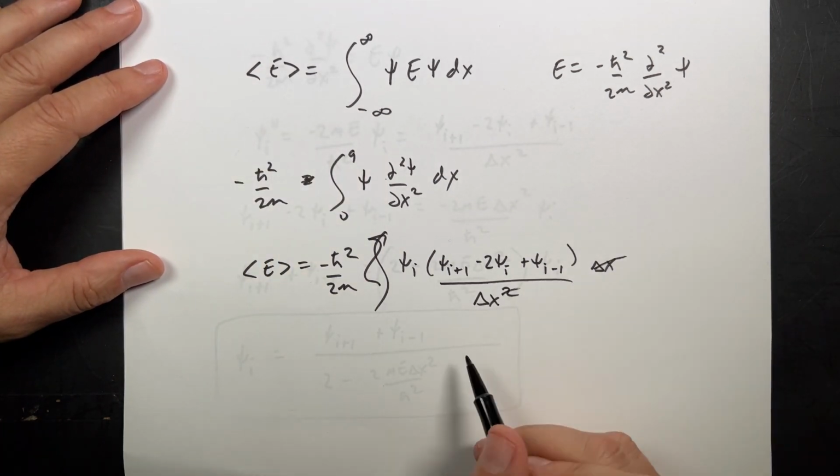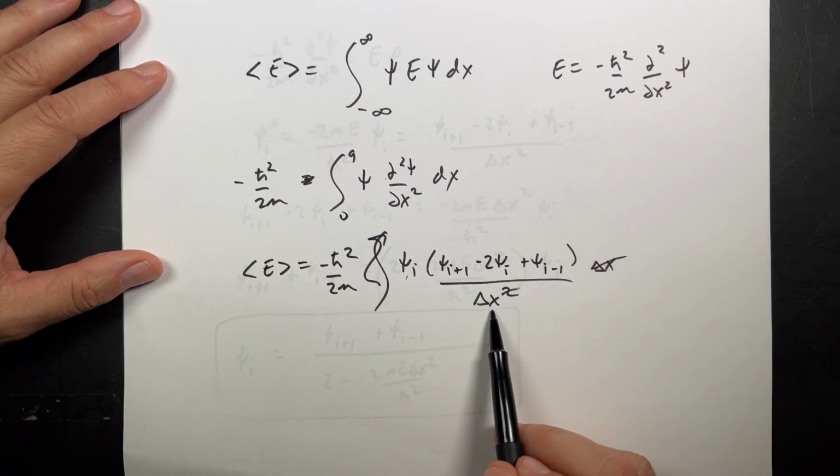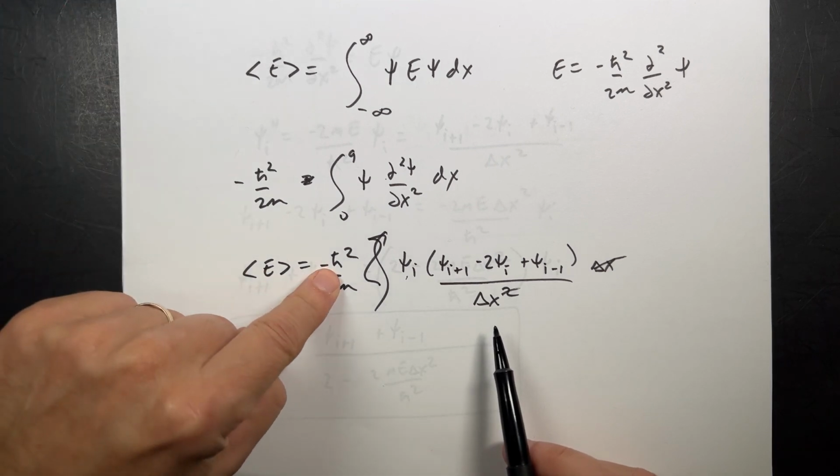And this cancels one of those, and there we have it. So I need to take my psi value, multiply by this, divide by delta x, and then add up all those pieces, and then multiply by this.